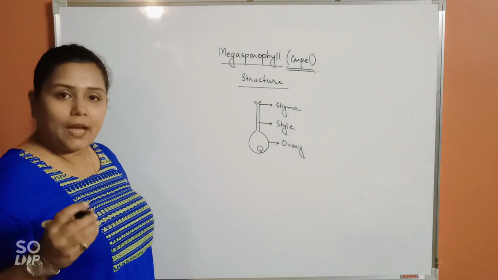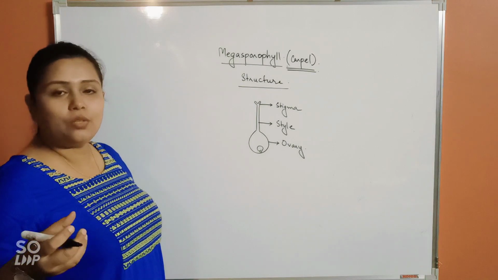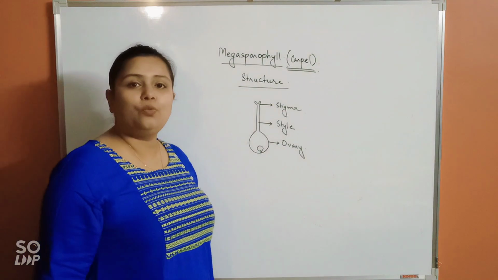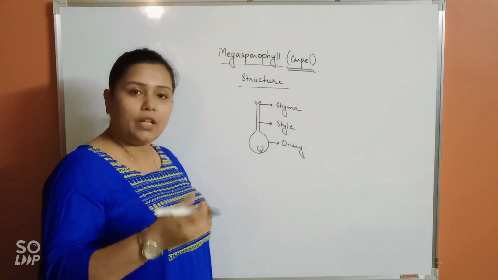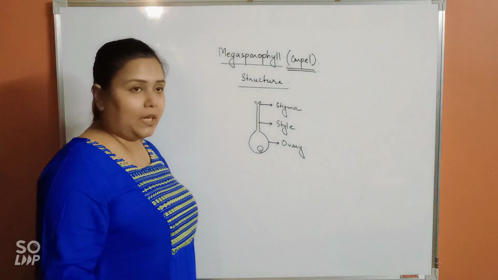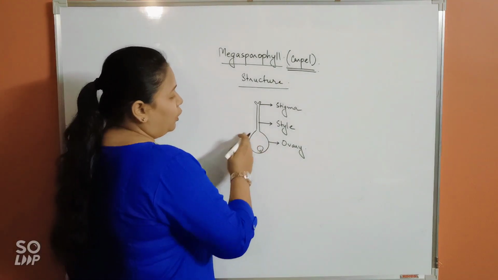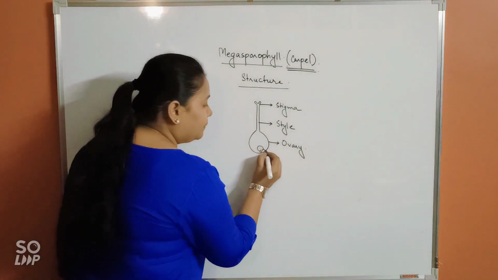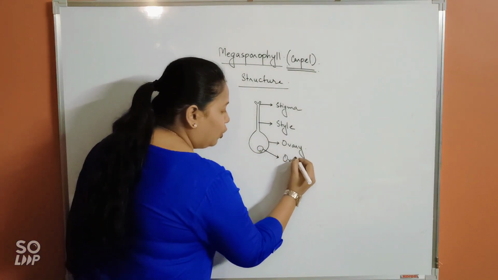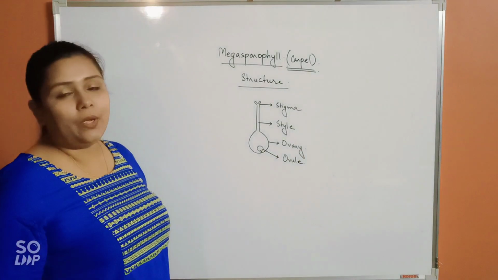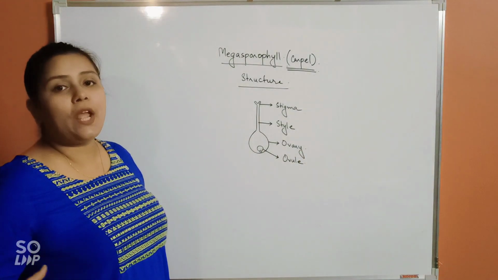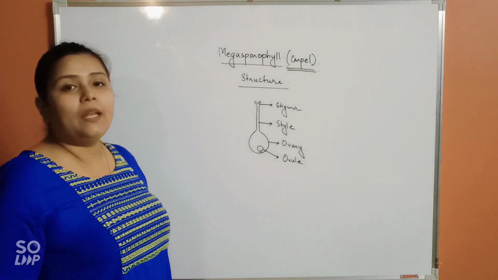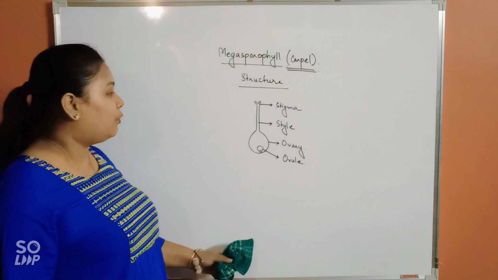Stigma is the site where pollen grains would lodge during fertilization. Style is the path through which the pollen tube would pass, carrying the two male gametes. And ovary is the globular base of the carpel, within which remains the ovule, which is otherwise technically known as megasporangium.